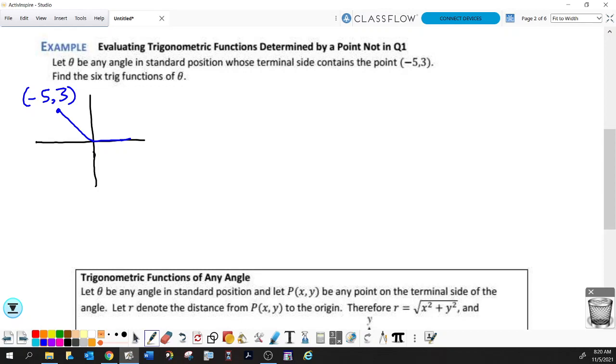Here's the thing. Again, here we go. Always drop your altitudes to the x-axis, never the y-axis. Here you go. This is theta. Theta is not in the triangle.